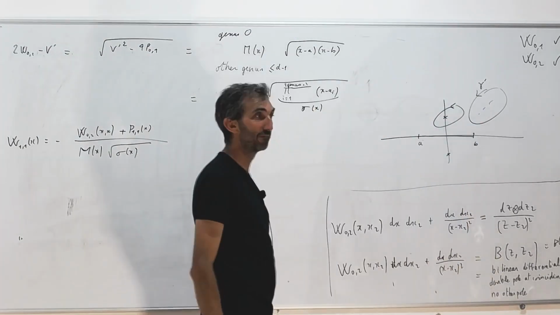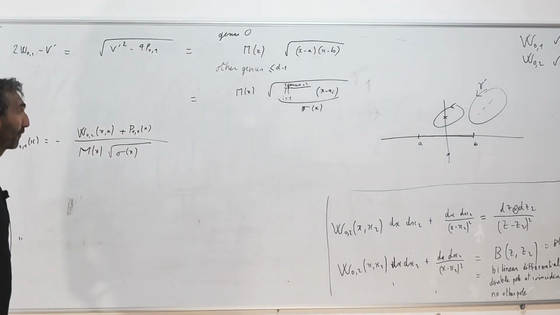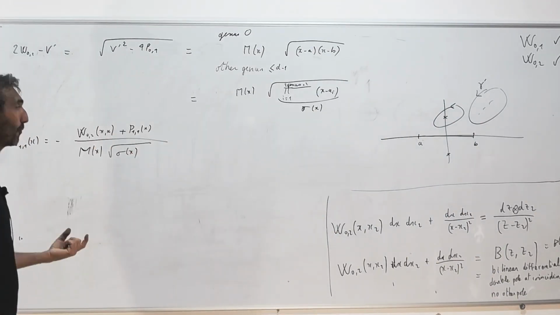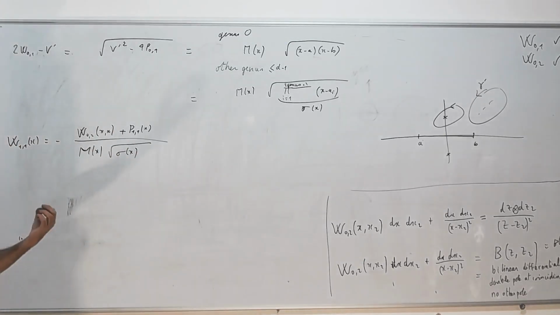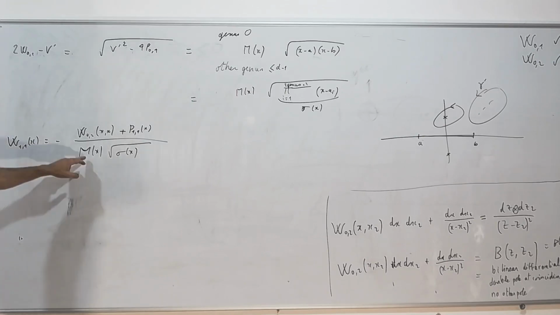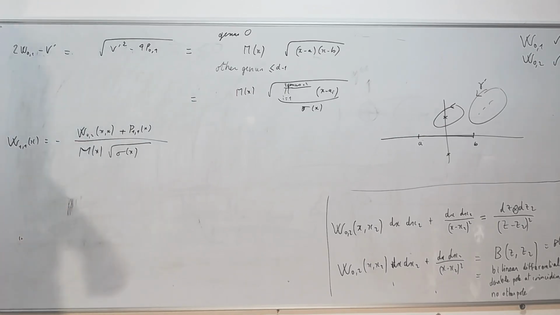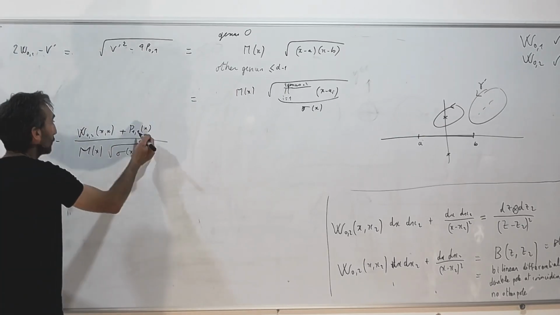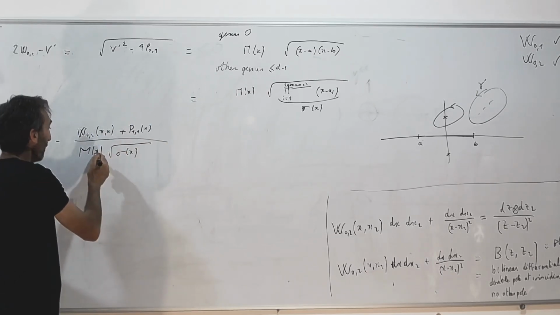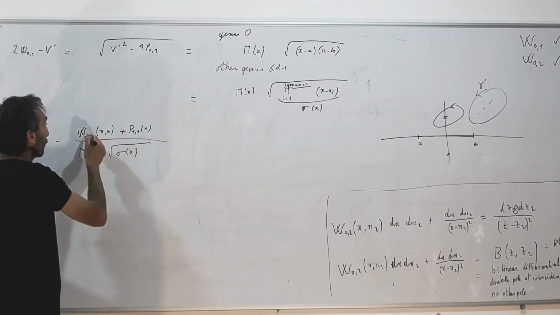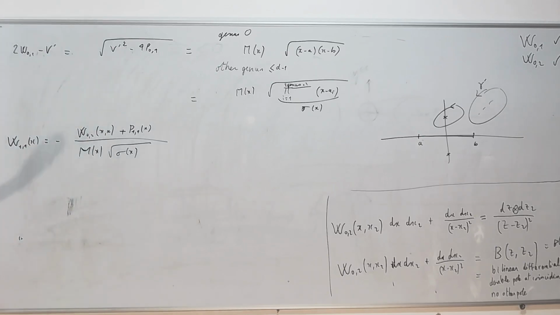Which means that the circle integral of W1 over this gamma prime should be 0, which means that the circle integral of W11 over this gamma prime should be 0. Since this is a simple pole, it means the residue must be 0 at this simple pole. So it means that P11 should be exactly such that, exactly at the zero of M, it will be exactly equal to minus W02 at these points.